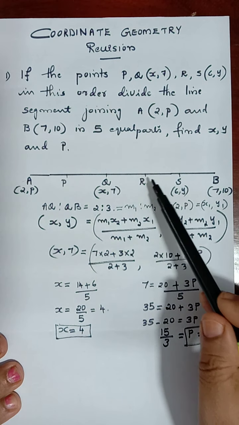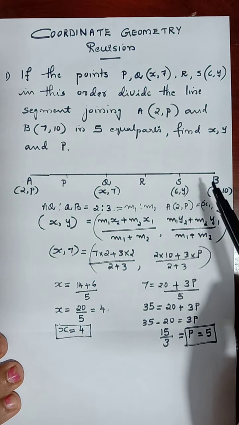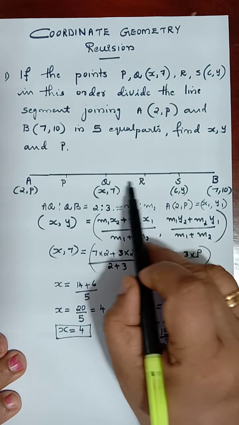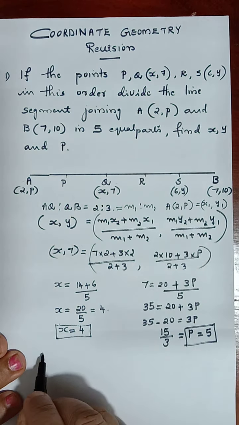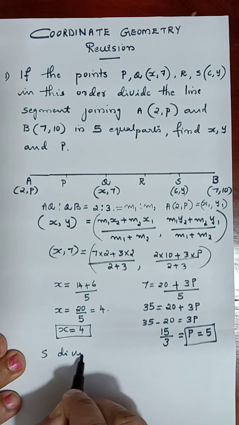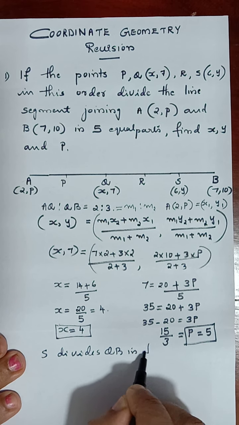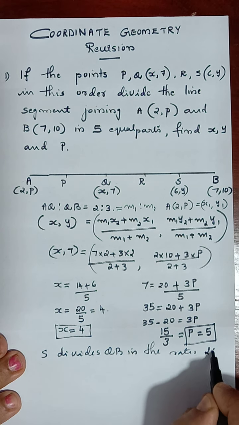Because here we have QR and RS, 2 equal portions, 1, 2, and here we have 1 portion. So QB is divided by S in the ratio 2:1, or S divides QB in the ratio 2:1.